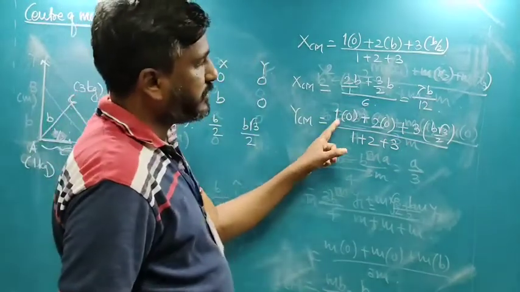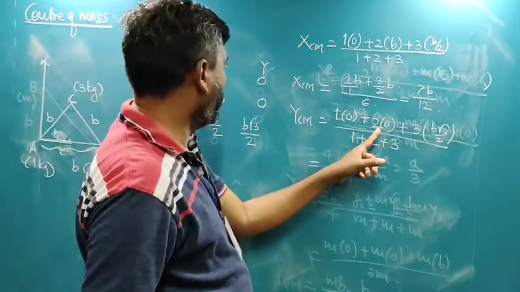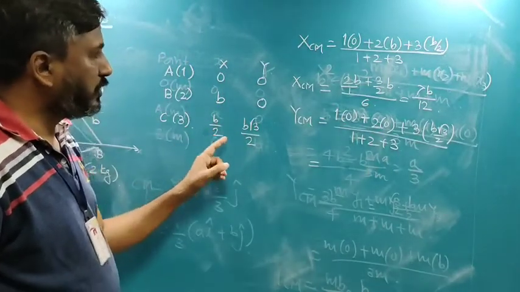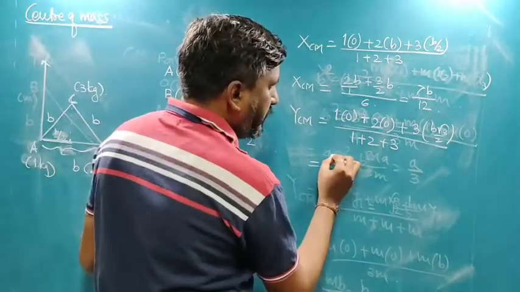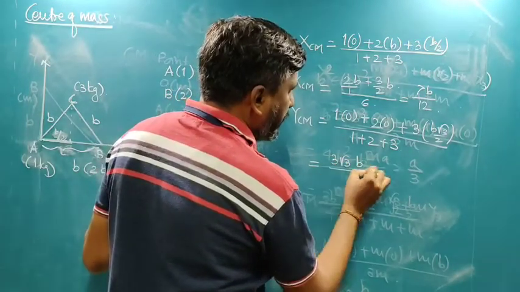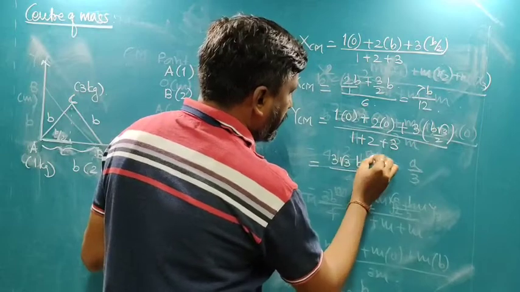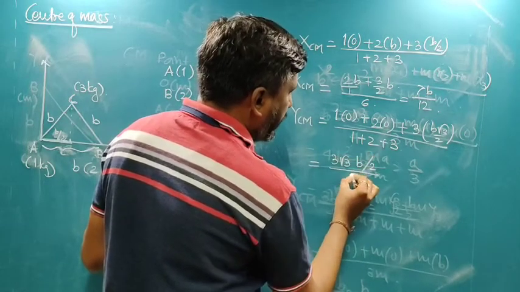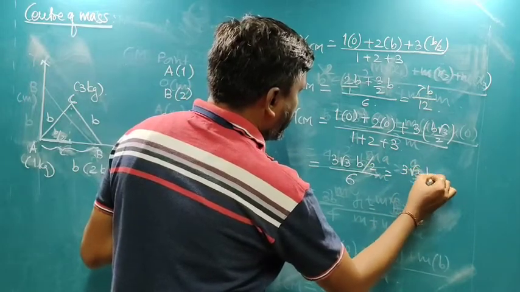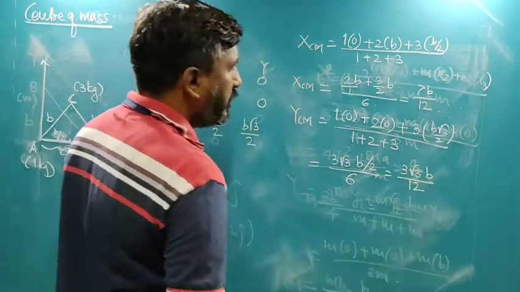So again we are getting 0 plus 0 plus 3 root 3 b divided by 6 and 2, so it becomes 3 root 3 b divided by 12.